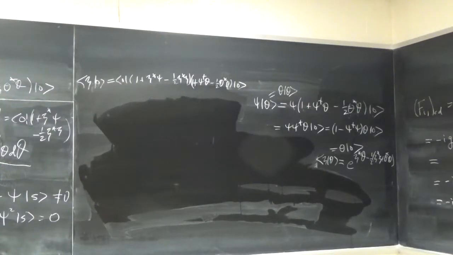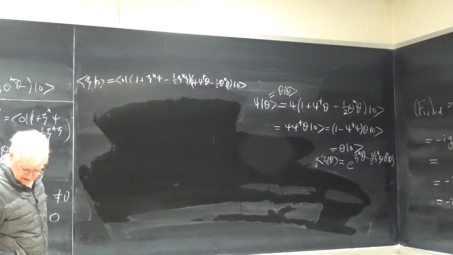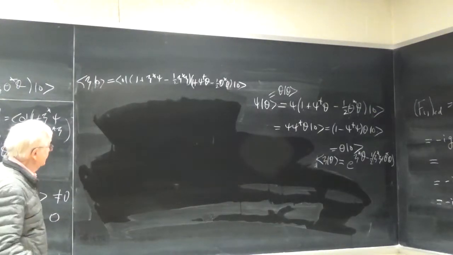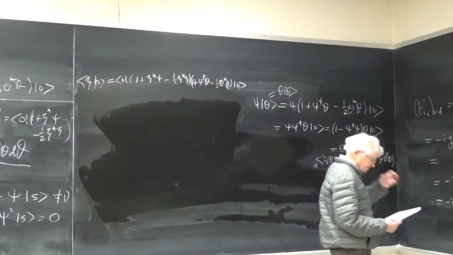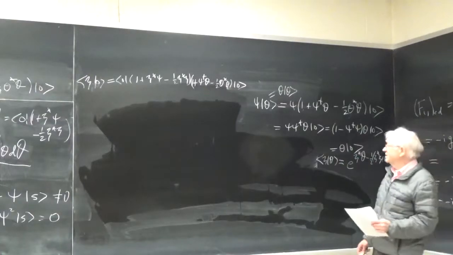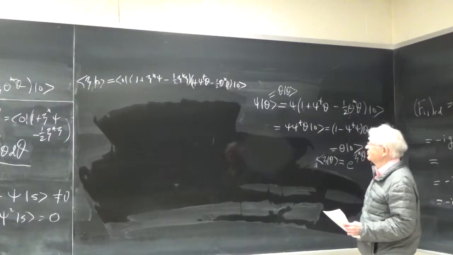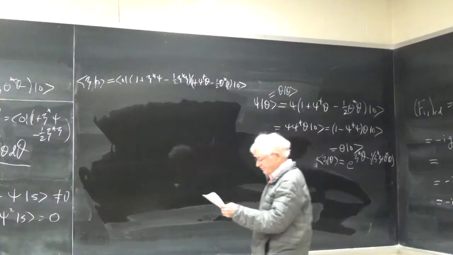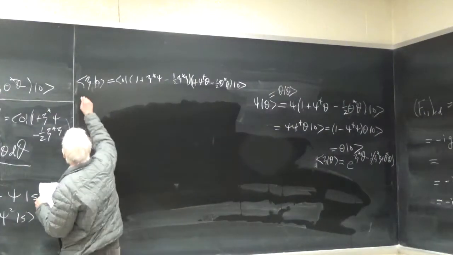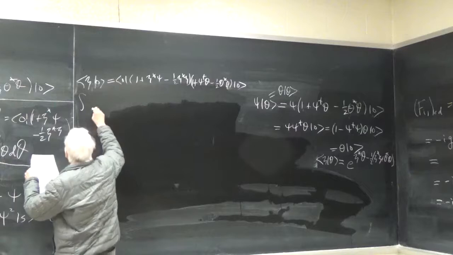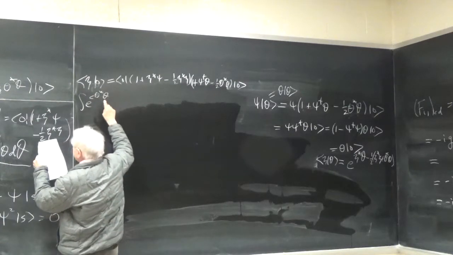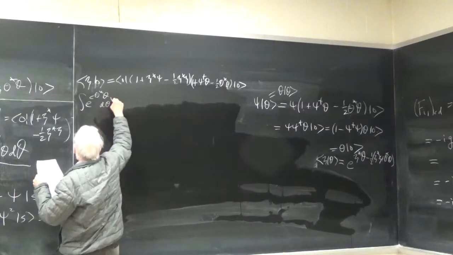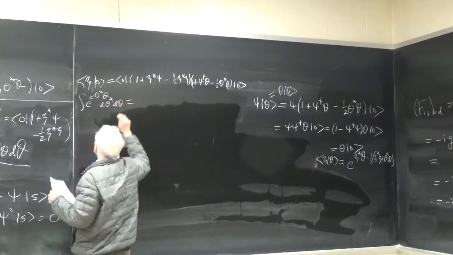And it turns out that fermions have Gaussian integrals that are just as nice, if not nicer, than the Gaussian integrals that bosonic fields have. I'm sort of waiting for this board to dry. So let me see if I can start the integral this way. Suppose we have e to the c theta star theta d theta star d theta.